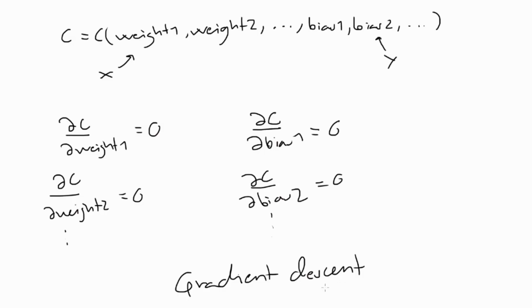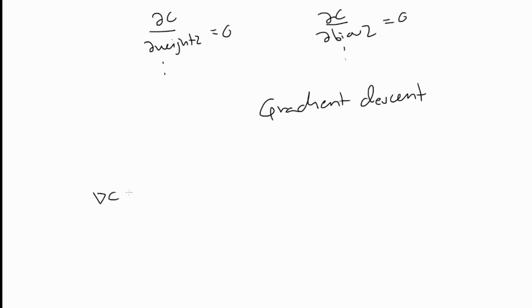Now, this algorithm is out of scope for this video series, so we won't delve into too much detail, but gradient descent minimizes C using a special vector called the gradient of C, which can be formulated like this. The gradient of C is defined as a vector containing all the partial derivatives that we previously saw.